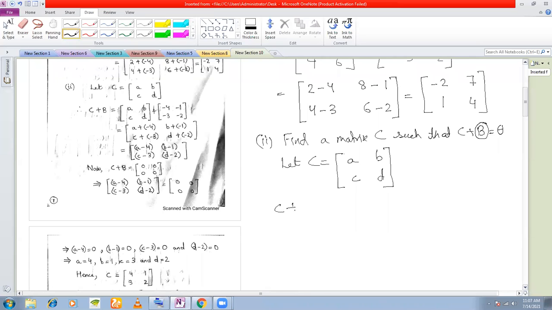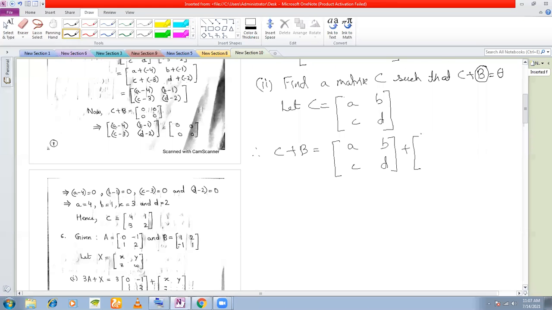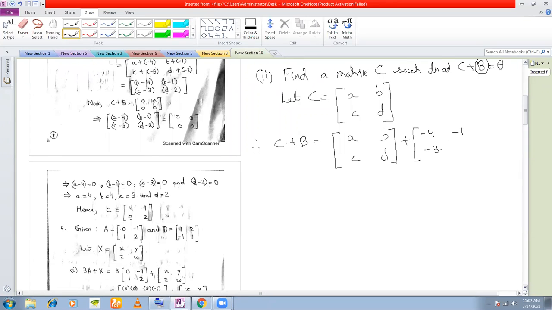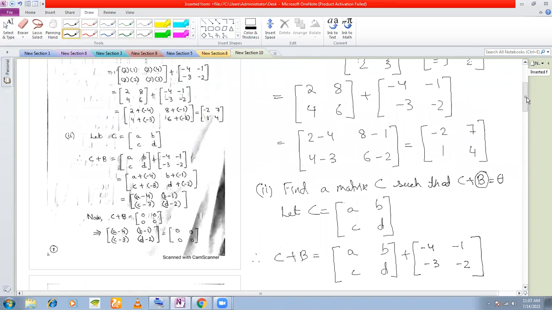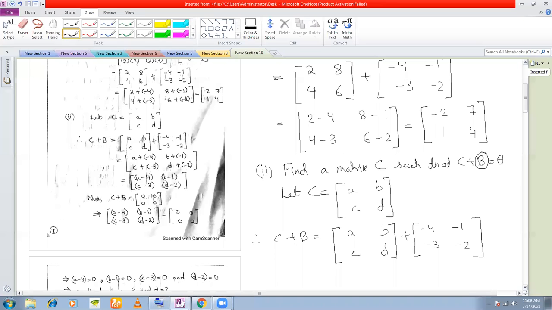So therefore, what is C plus B? Add the two matrices. B here is the matrix -4, -1, -3, -2. I have taken a, b, c, d for C because we had the matrix B of order 2, and because we are adding with B here, C also has to be a matrix of order 2.